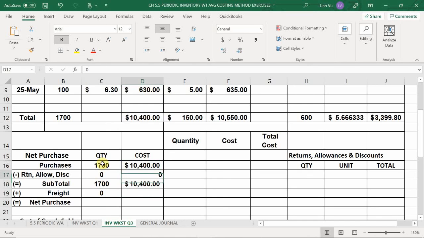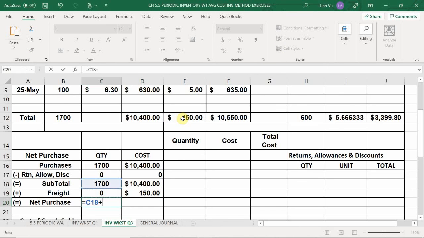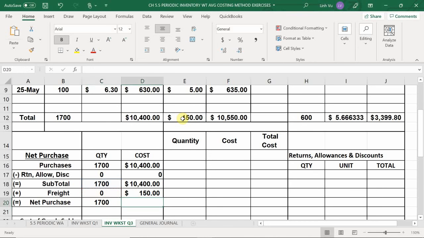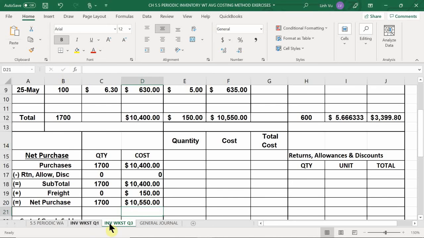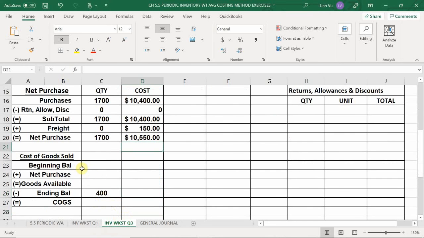But we did have freight, right, which increases our total cost. Okay. So therefore, I have a total of 1,700 units at a grand total of 10,550. Okay.